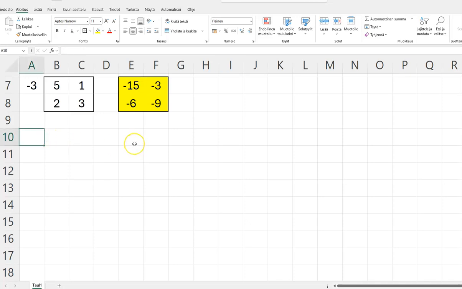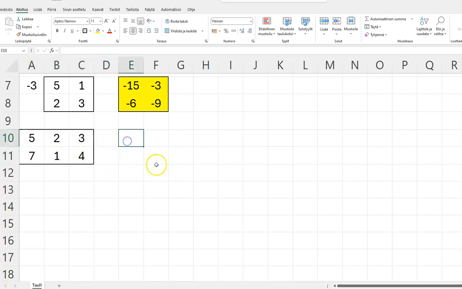I will write the matrix here. So I have this matrix A. It was 5, 2, 3, 7, 1, 4. This is matrix A. I will use this line around it.